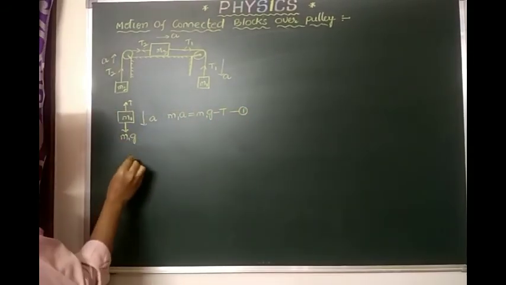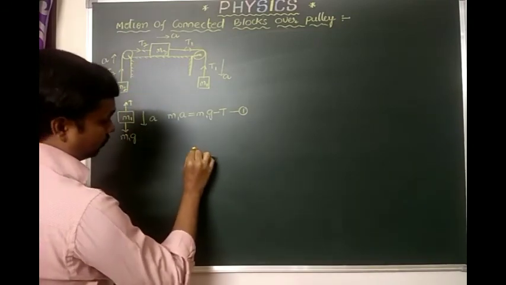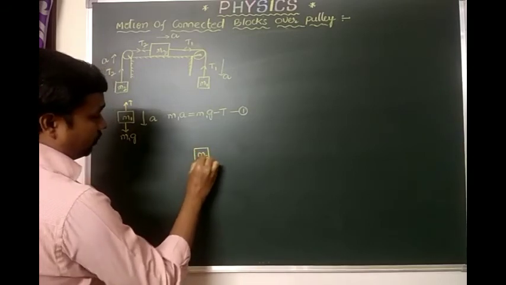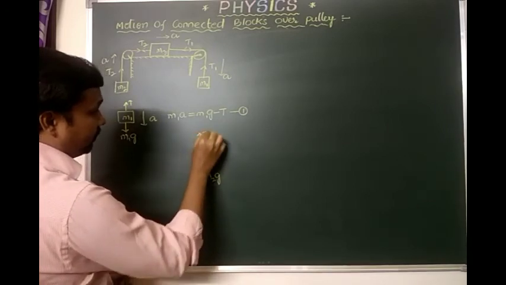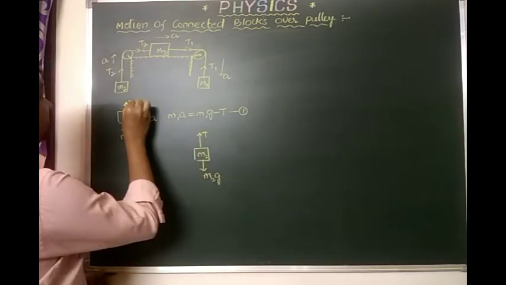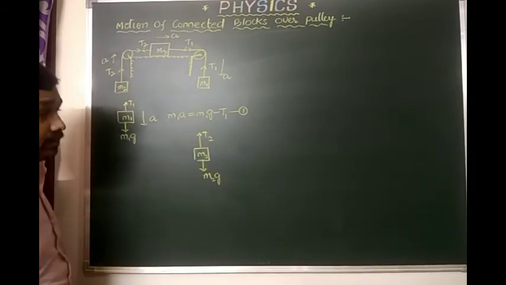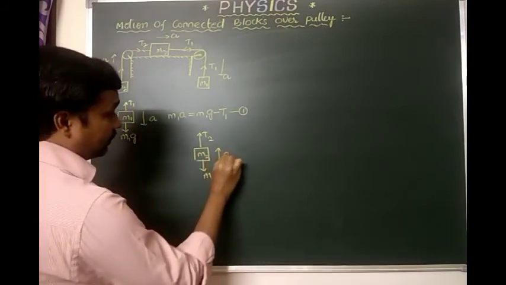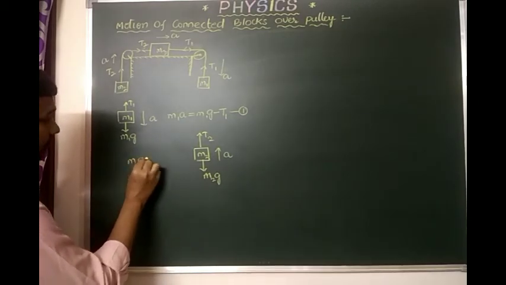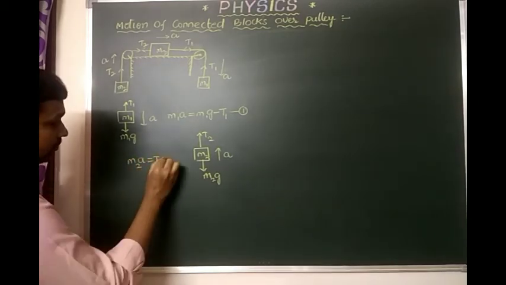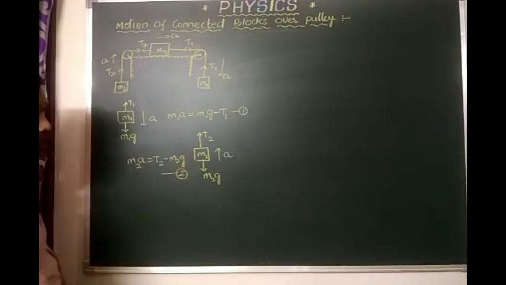Second, the free body diagram of M2: weight is downward, tension T1 is upward, and T2 is the other tension. The acceleration is going up, so the net force M2A equals T2 minus M2G. This is equation number 2.